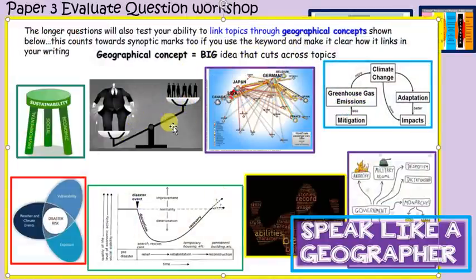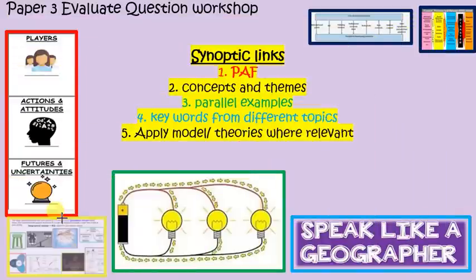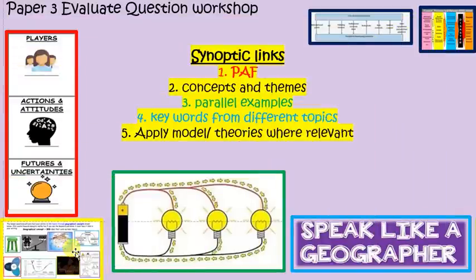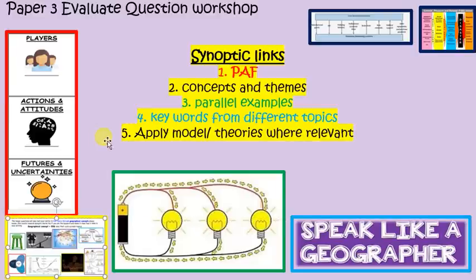Sustainability, inequality, globalization, mitigation and adaptation, systems, identity, thresholds, risk, resilience. You should know these like the back of your hand, and know when they're relevant to help you answer the question. A good sign that you've got these in is when I see that word.